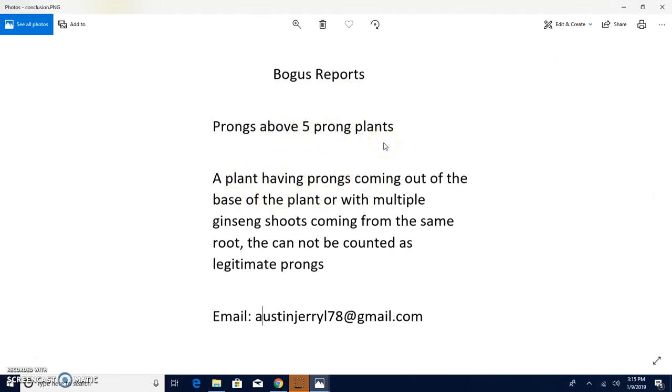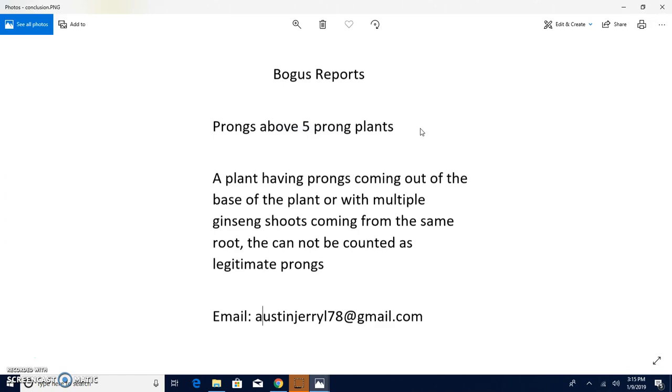Now, if you've got a couple of different stems coming off the same root, and each one of those stems has a 4-prong plant, then people will report that as an 8-prong ginseng plant. That's not true. What they have is 2 stems coming off of one ginseng root, which is not uncommon. You can have 3 or 4 stems coming off the same ginseng root.